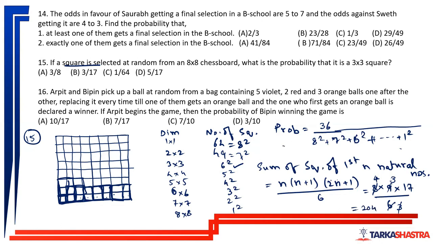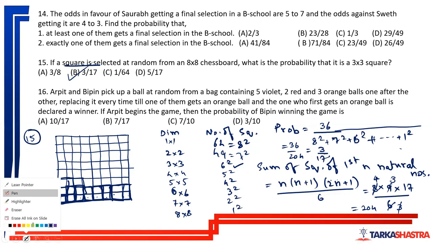So favorable cases are 36, total cases are 204, which makes it divided by 12. If I do, it will become 3 by 17. Okay, this is how you need to solve these type of questions.